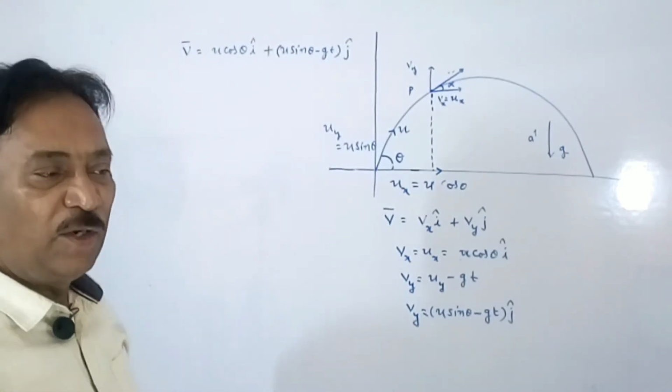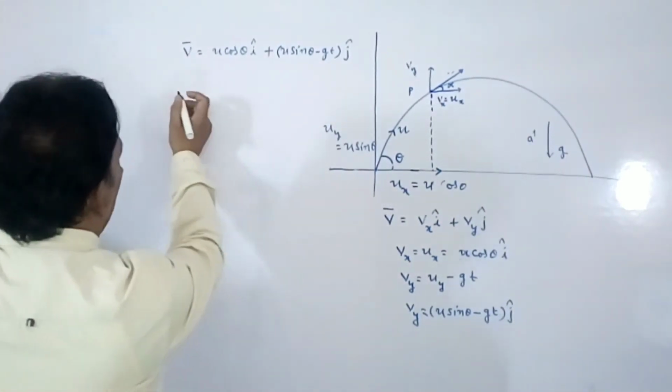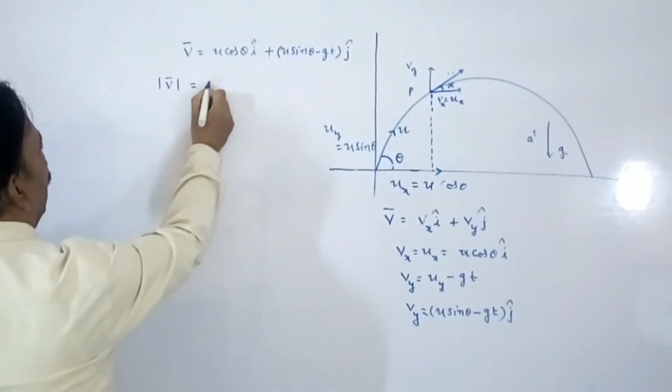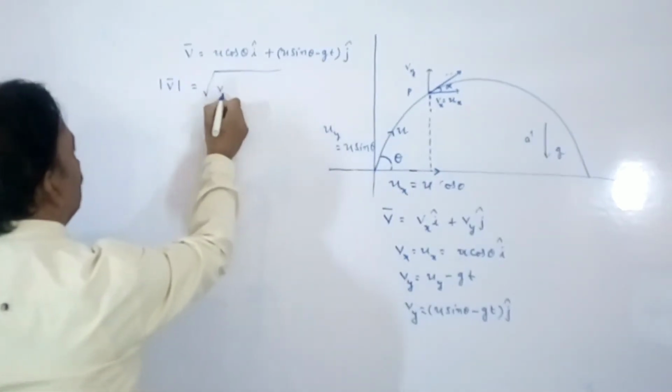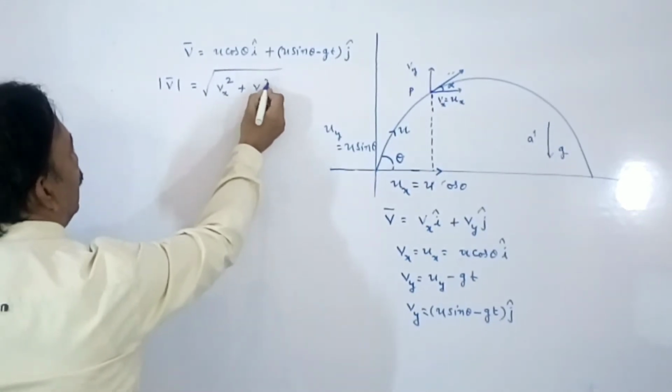Then we have to find the magnitude of the velocity. The magnitude of the velocity v is equal to the square root of vx squared plus vy squared.